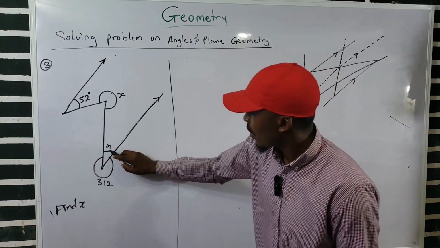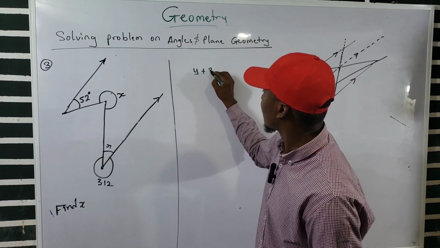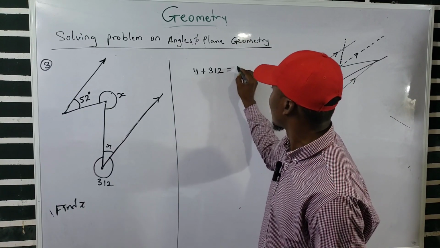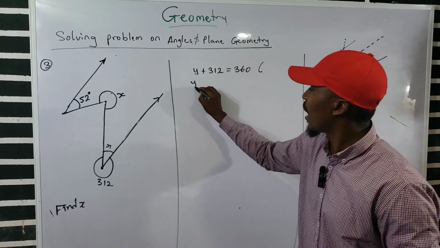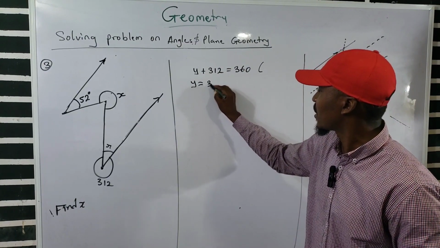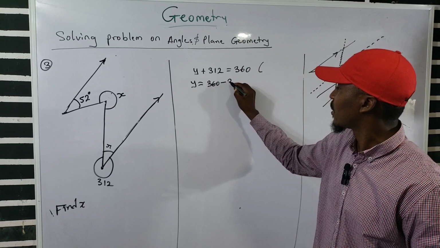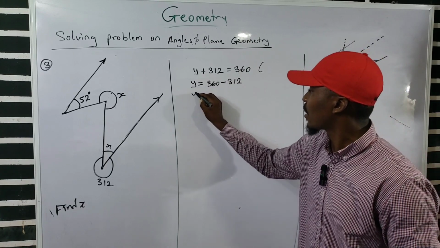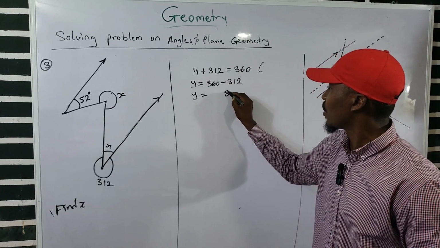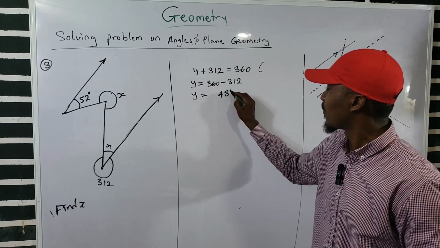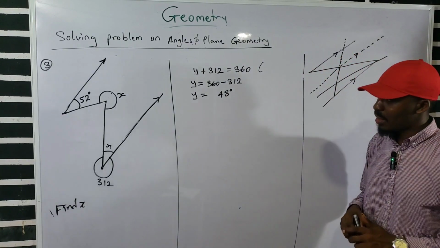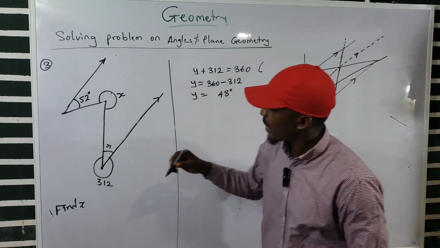So y plus 312 will give us 360. y now will give us what? 360 minus 312. So that will give us that y equals 84 degrees.